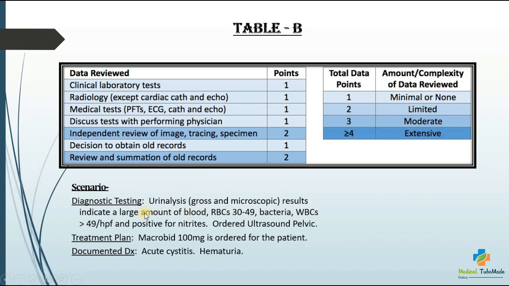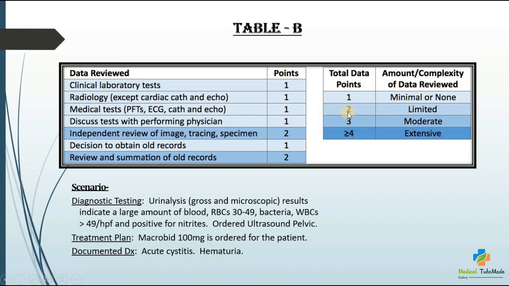And then read completely, and you can see here order ultrasound pelvic. So ultrasound pelvic is a radiology part. So you got 1 more point, and nothing else is there. As per me, there are only 2 points. See, one is the lab test and the second one is the radiology. So as per your report, as per your scenario, you got 2 points.